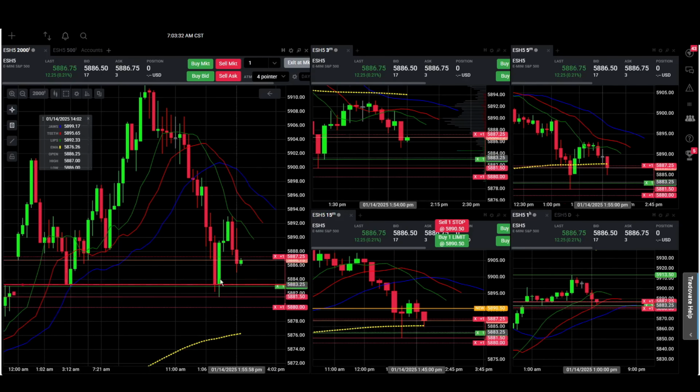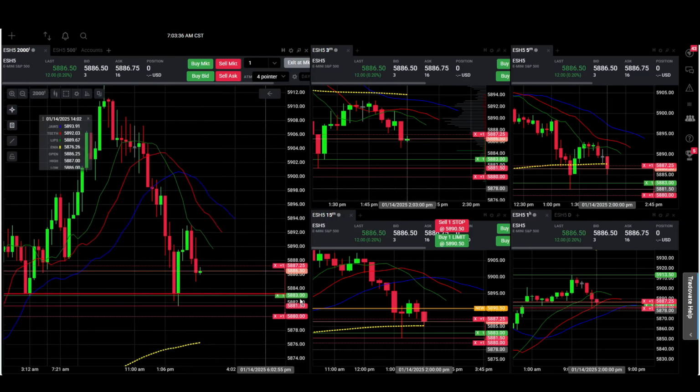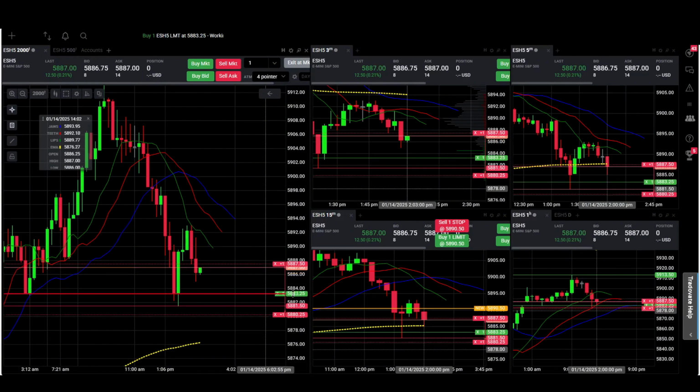First time and the second time. So it actually makes sense to put our limit buy order in this area.